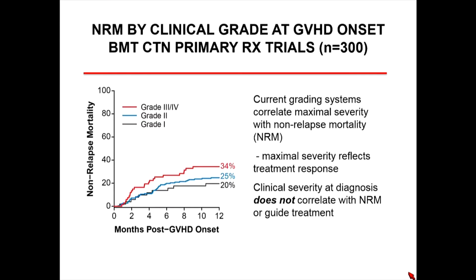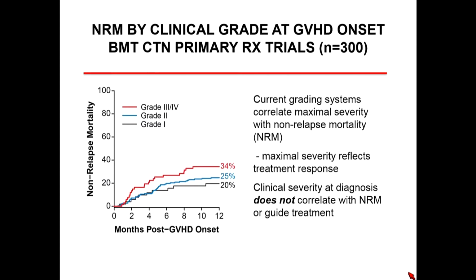So what you see here are data from the bone marrow transplant clinical trials network, where we had 300 patients who had provided samples at the onset of GVHD. And the graph shows you the non-relapse mortality based on the presenting grade of GVHD for those 300 patients.